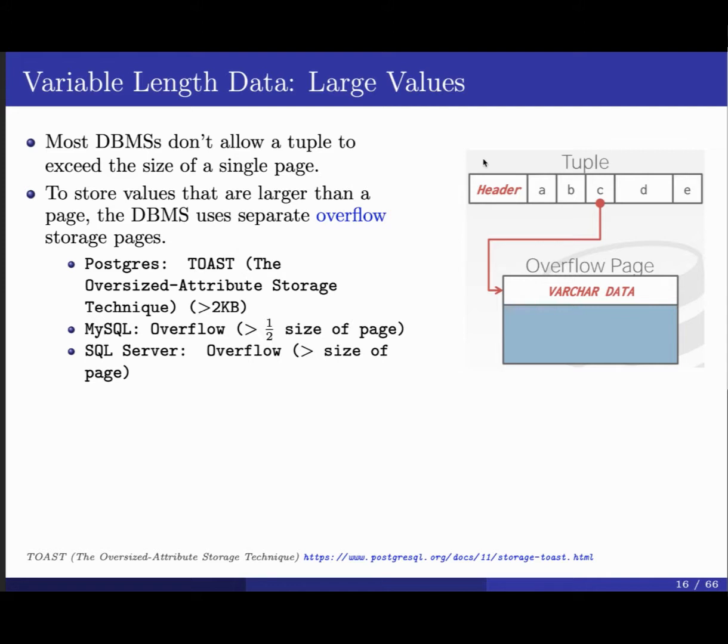In this case, I need to deal with this in two different ways. The simple way is to store the value that caused the problem, the one larger than the page, in what is called an overflow page. So you create another page, and this page is going to have the same structure as any single page.